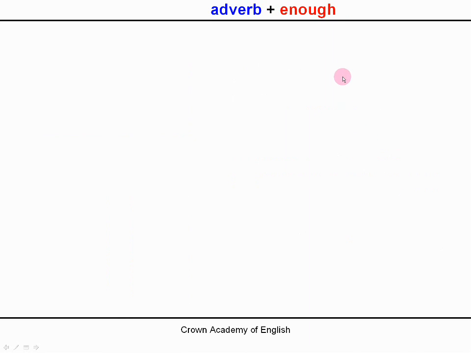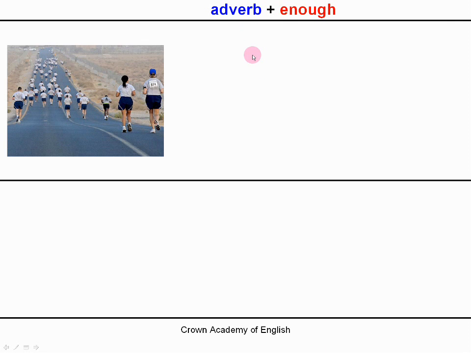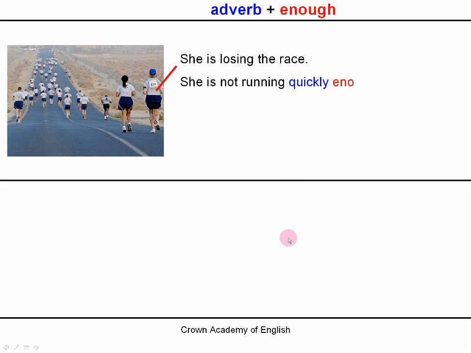We can also use enough to modify an adverb. She is losing the race. We can see that she is behind everybody else. She is not running quickly enough. So quickly is the adverb. Quickly describes how she is running.